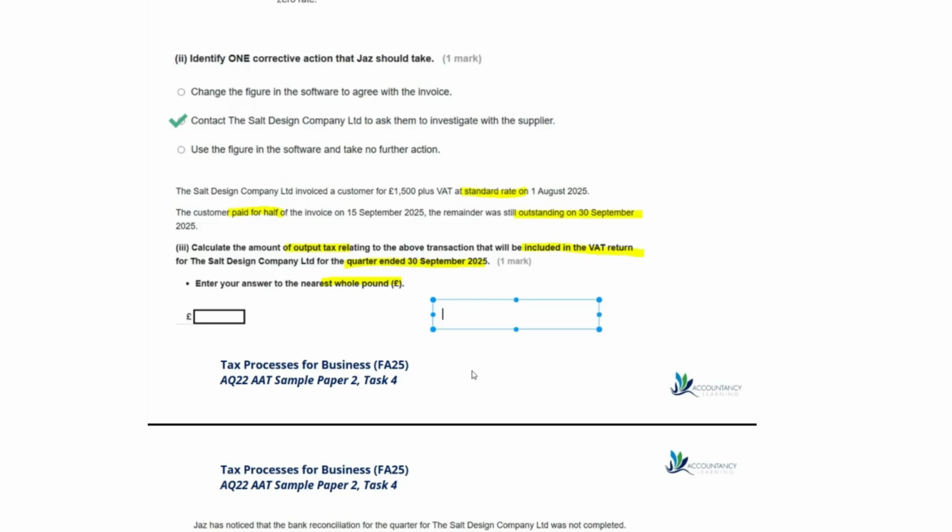So half the invoice is 1,500 divided by 2, which is 750. Then we times it by 20% to see what the amount would be, and that is what's going to be included on the VAT return. So just remember when you're answering these questions, check: are they on a normal scheme or do they have the special scheme?